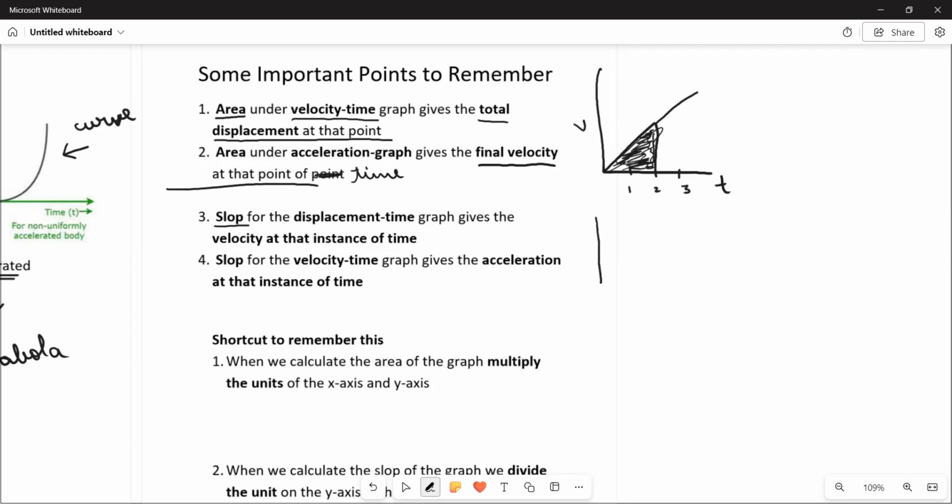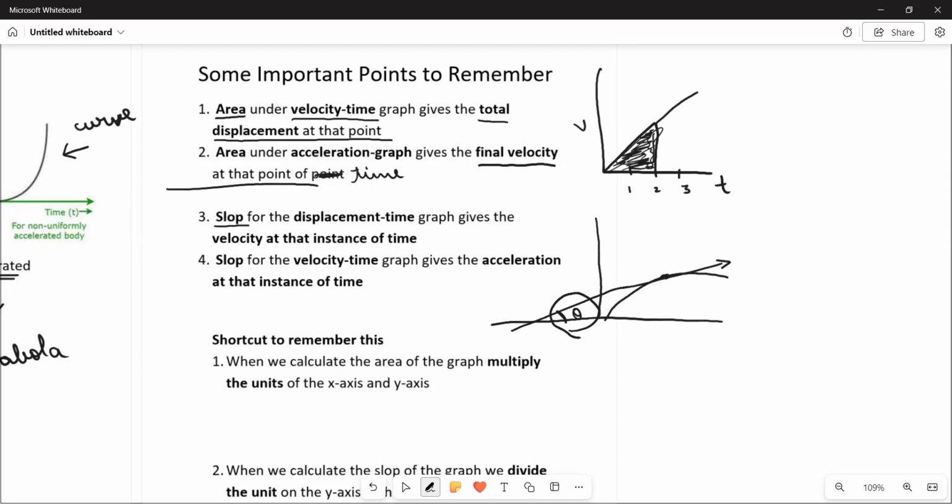See, if you are given, suppose, a curve like this, and if we want to calculate the slope at this point, so what we'll do, we'll draw a tangent at this point, and we'll extend this line over here. We can also extend this. So whatever angle theta this line is making, this theta is called the slope.